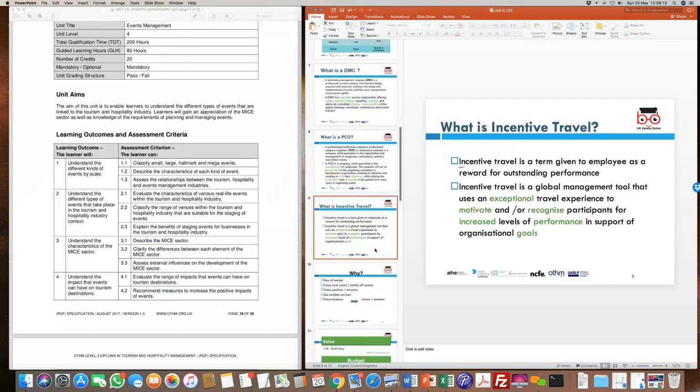So let's look at the third term, which was incentive travel. Now, when I look at the I in MICE, this is primarily incentives which are given out by companies to their employees as a means of rewards or for outstanding performance. Incentive travel is a very big area within lots of companies today, which are primarily multinationals.